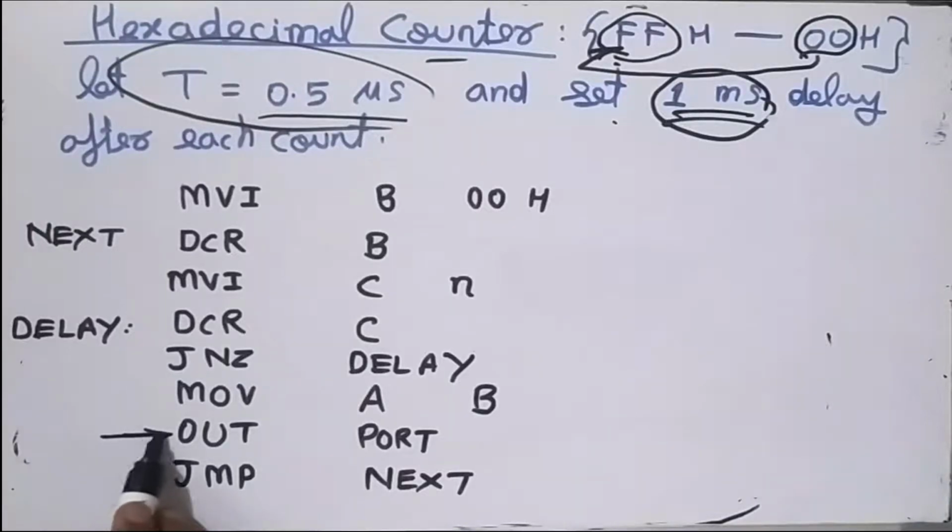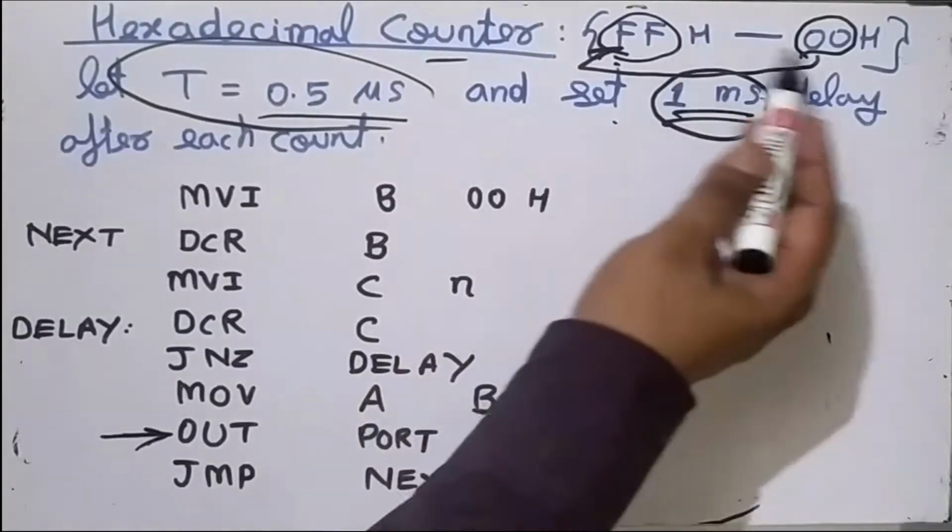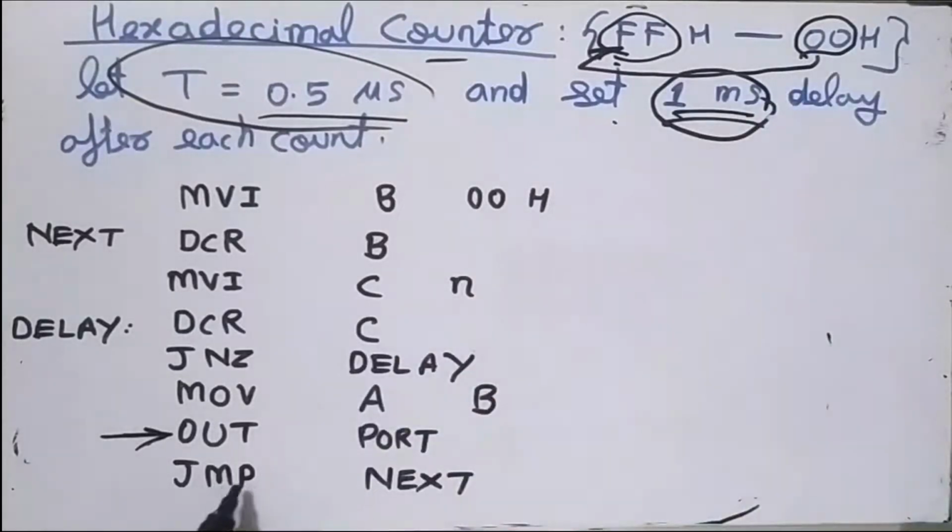Let us suppose that we have displayed any number between these two given numbers. Okay, now jump. This is an unconditional jump instruction. There is no condition involved here. After the display, the next instruction will be at this address.